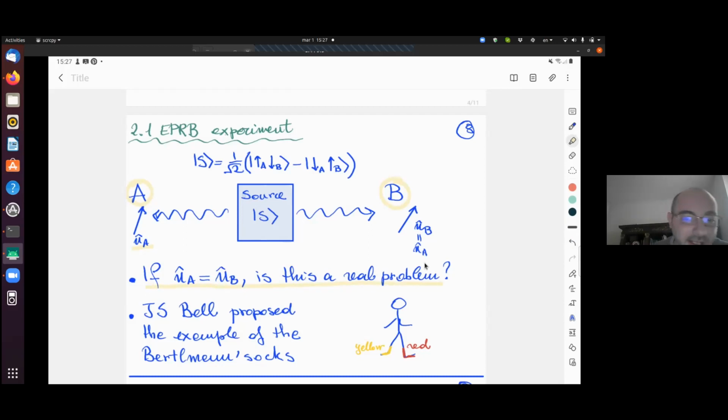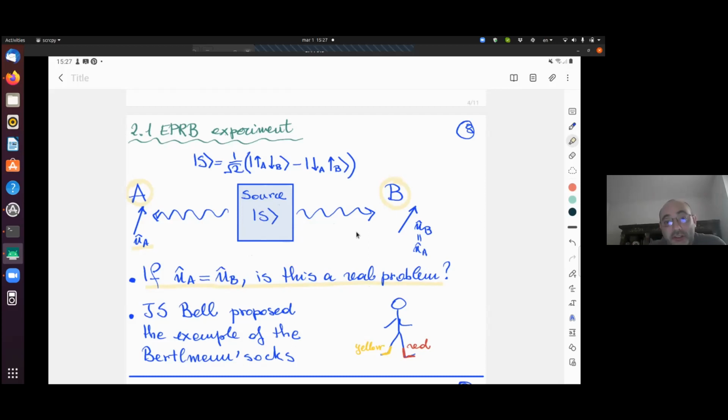And the answer that Bell proposes is that, in fact, there is nothing that you cannot explain with quantum mechanics in this experiment. You can just think that your source is a coin, for instance, and this coin has just two faces. For sure, if you toss a coin and you observe that one face is head, the other face will be tail.